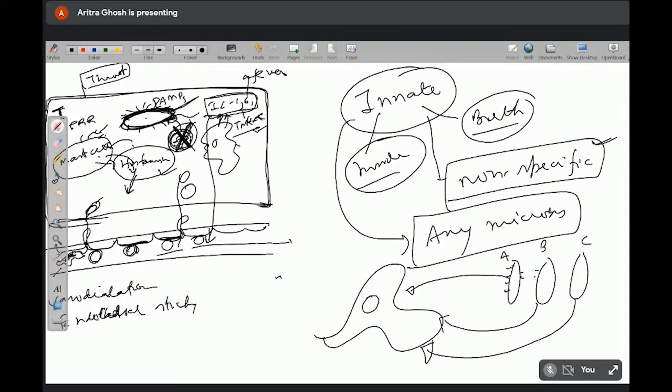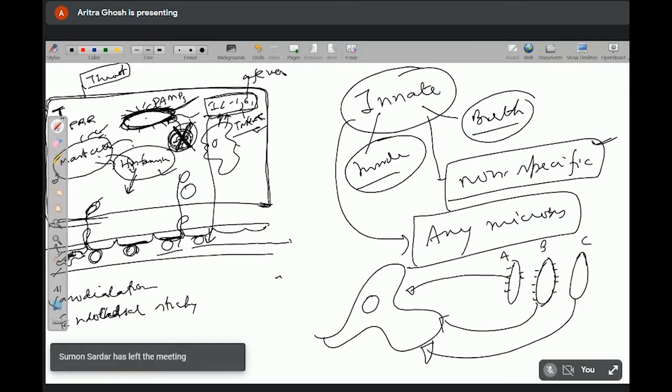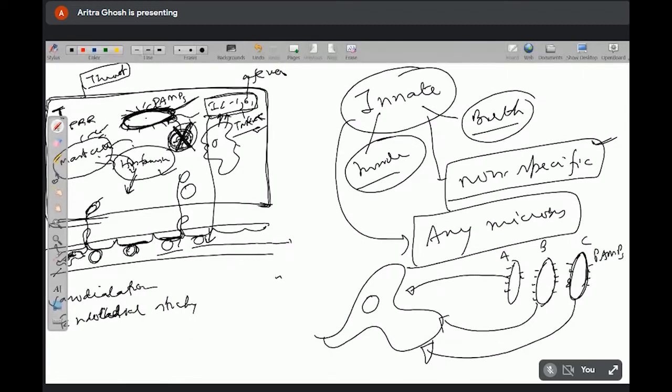It never remembers A. There is no memory that this bacteria has infected me before, so next time I will remember it and work faster. No, however many times it comes, whatever it is, it is not specific and active from the beginning. It will cut A, B, C the same way it worked from the start. That's why this is called non-specific. So innate immunity is non-specific.